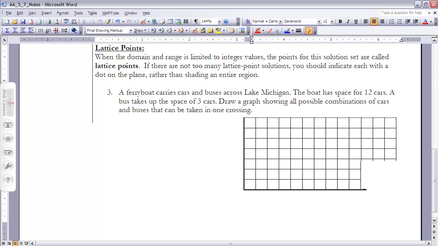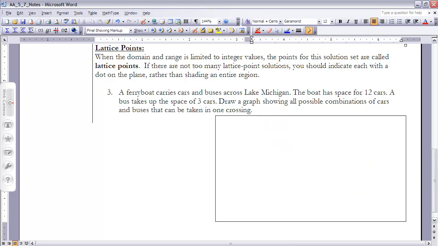Okay, the last new idea I'd like to look at in this section is the idea of lattice points. Now we talked back in chapter 3 about discrete domains, and we know that sometimes we limit our domain and limit our range to integer values. Well, when we're dealing with inequalities and we limit our domain and range to integer values, what that means is that we end up with a solution set that is only integers, and therefore we call them lattice points.